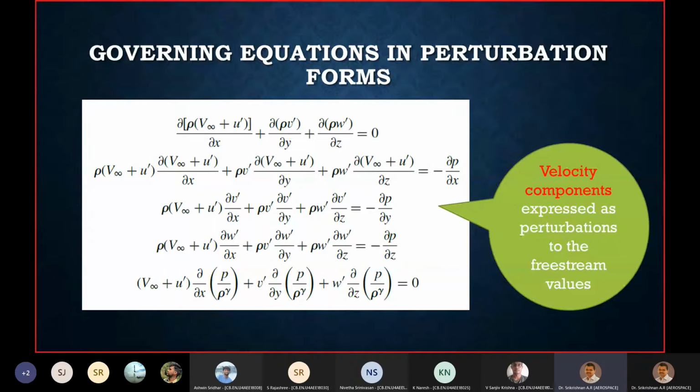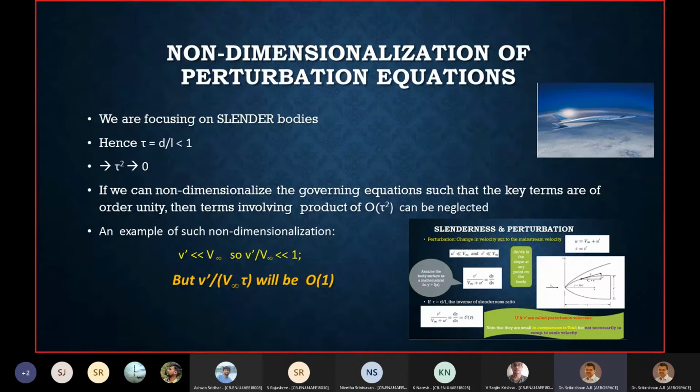And by appropriate non-dimensionalization of the parameters, we can change the terms in such a way that they will be of either magnitude 1 or of the magnitude of tau squared.